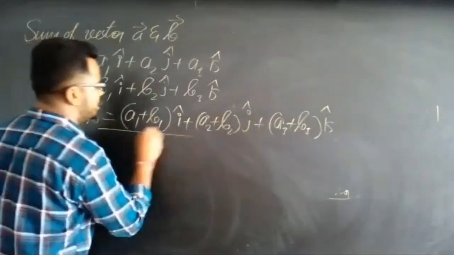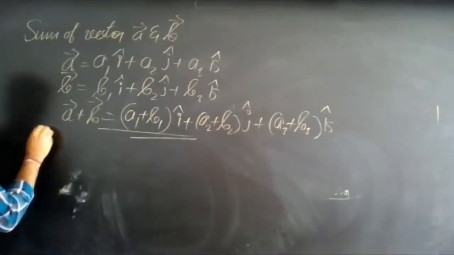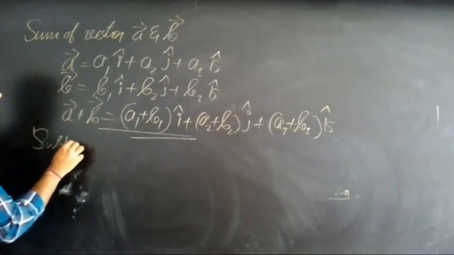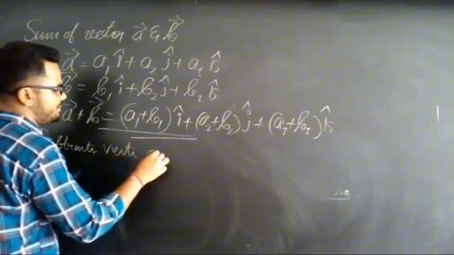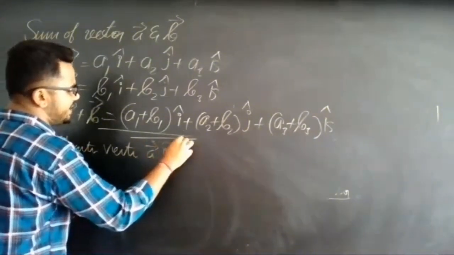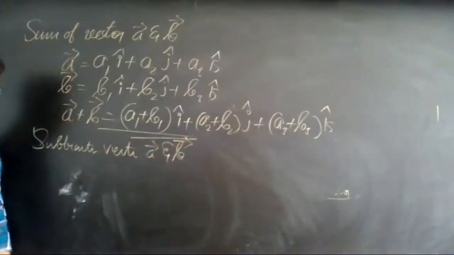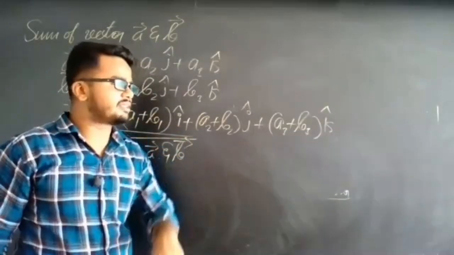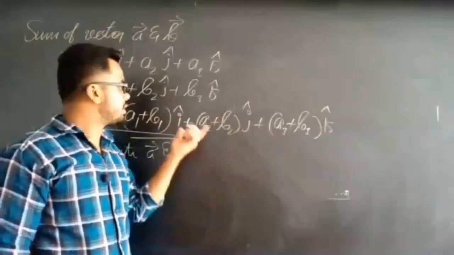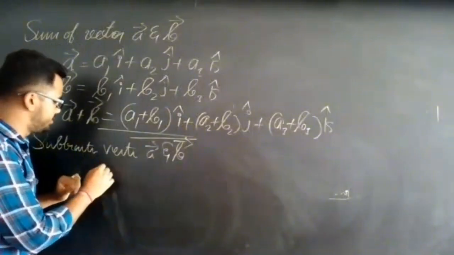Next, this was about addition. Let me consider subtraction of vectors. Subtraction of vectors A and B works the same way. Nothing changes except that here you are going to subtract instead of add.